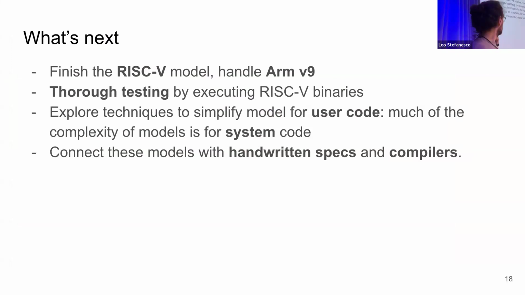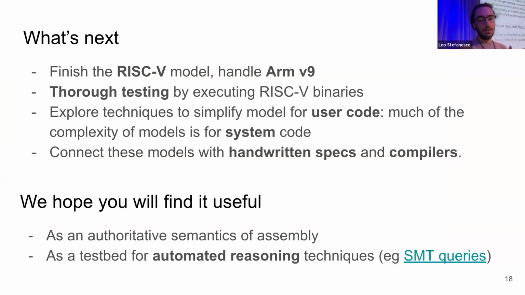And then, as we said, we want to connect the model to the existing projects that use ISAs with handwritten specifications. We hope you will find this project useful, both directly if you care about ISAs, but also as a good test bed for automated reasoning in Lean. As a simple exercise, I was curious: Sail uses these queries for type checking, so can we prove them using Lean automation?